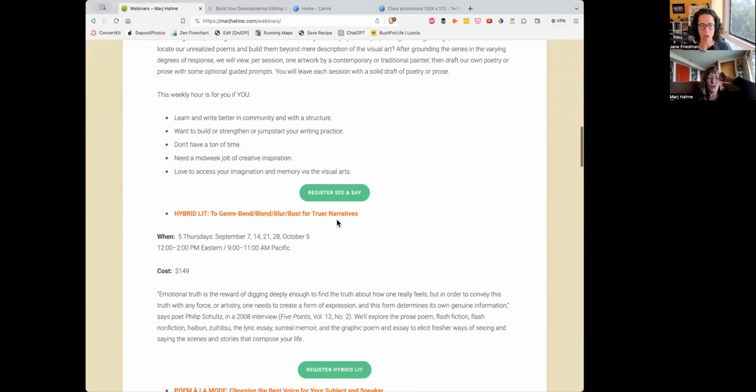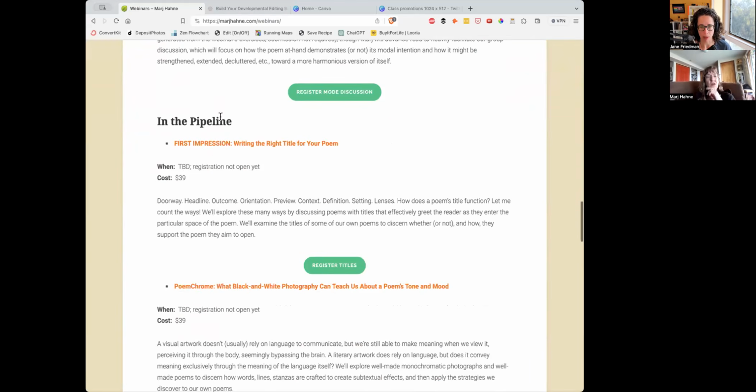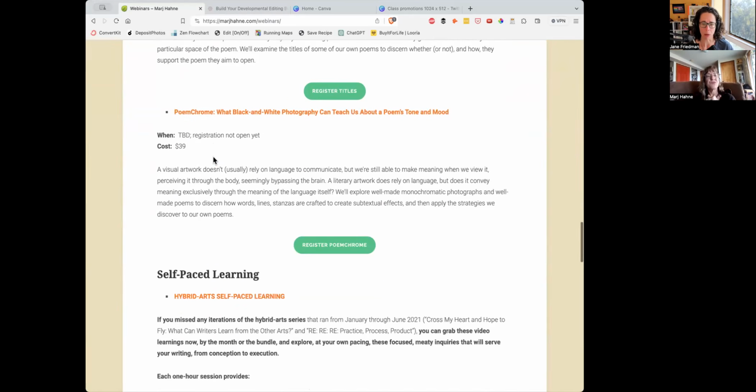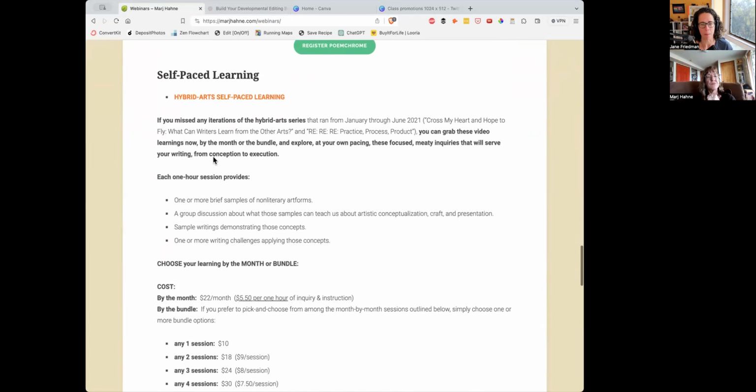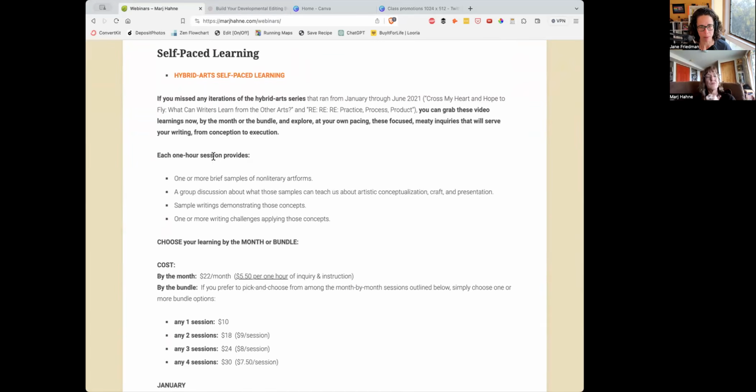Especially since you do list what's coming up in the pipeline section. You actually have register buttons there, but it's an opportunity to get people on your list to just say, if you want to be alerted when new stuff comes up, sign up.